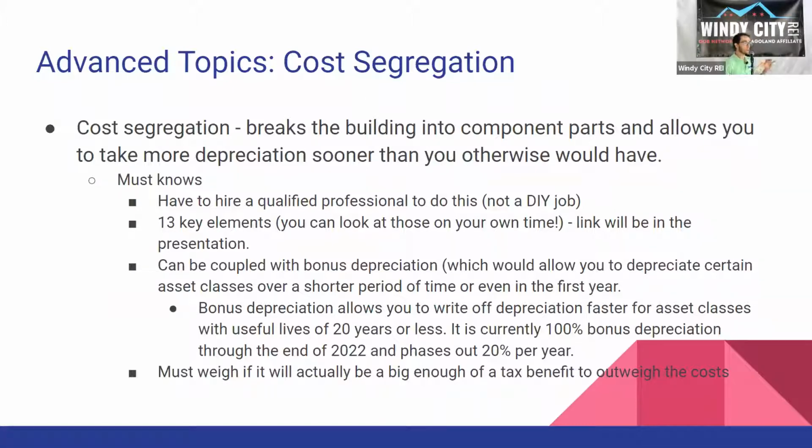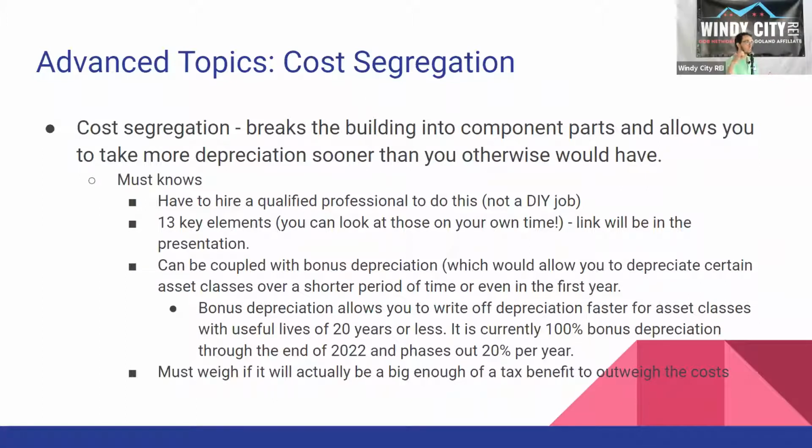And with bonus depreciation, it could be over an even shorter time, because what bonus depreciation allows you to do is write off things faster for asset classes that you otherwise would have. Basically anything that has a useful life of less than 20 years, which again, you can look up the useful life schedule at the IRS, you can take 100% bonus depreciation through the end of 22, and it phases out 20% each year thereafter.